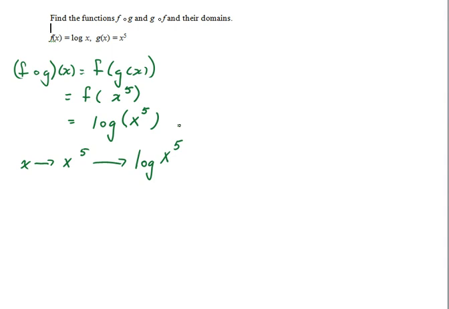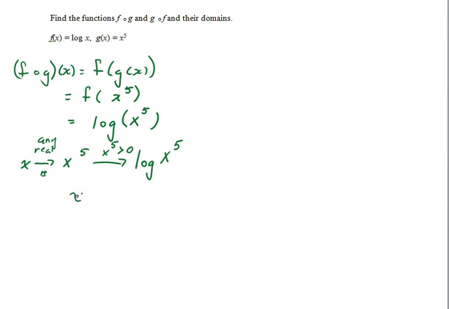So x to the fifth, x could be any real number, but in the second step, x to the fifth must be greater than 0.